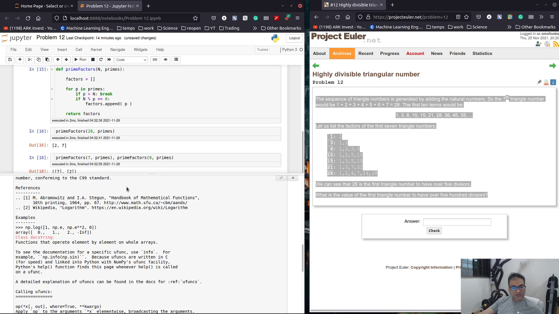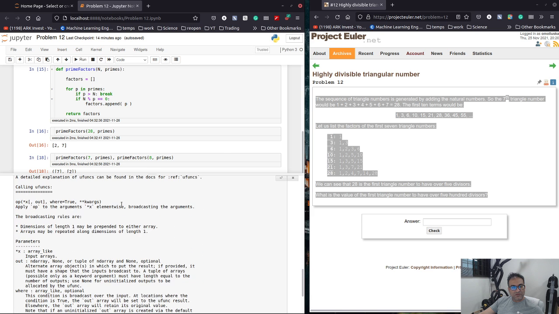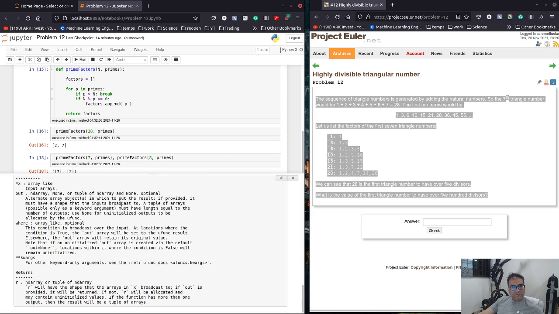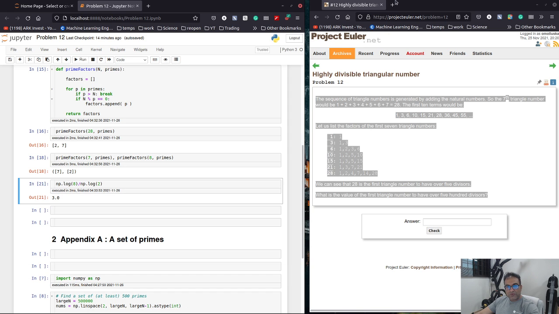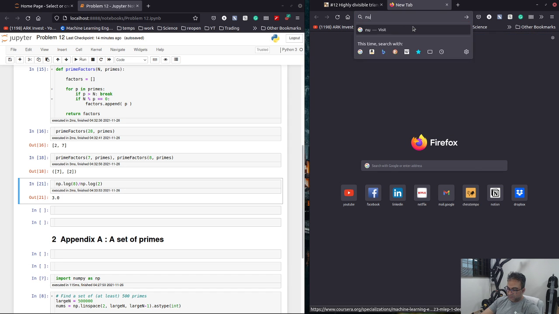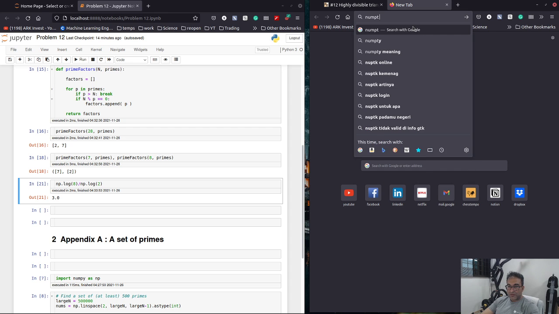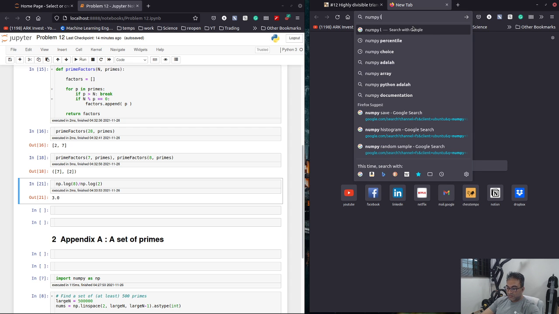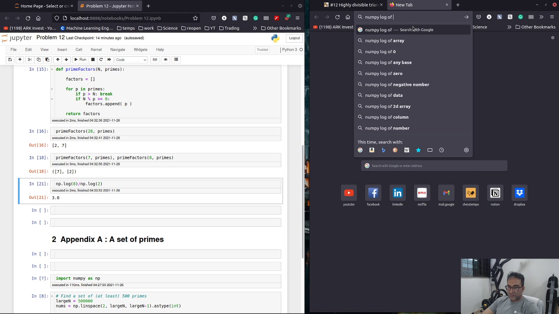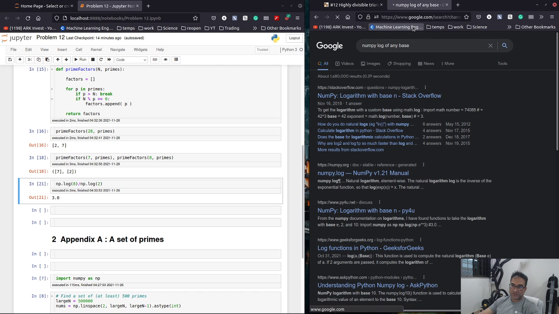What is that? Okay, numpy log of n of any base. Let's see if we can.